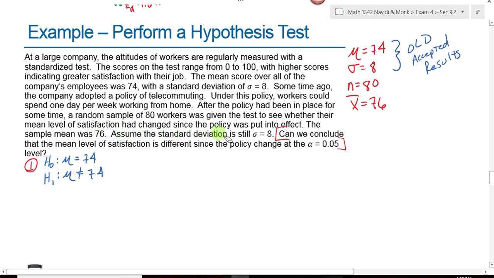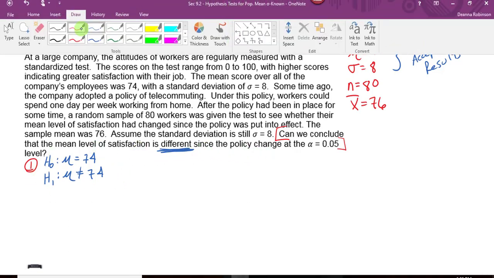It's just what question are we trying to answer. That's what determines our null and our alternative hypothesis. And in this question here, we were asked, are they different? Different means not greater than, not less than, just not equal to. Don't let this number confuse you. You only look at this last statement or the claim when you write your null and your alternative hypothesis.